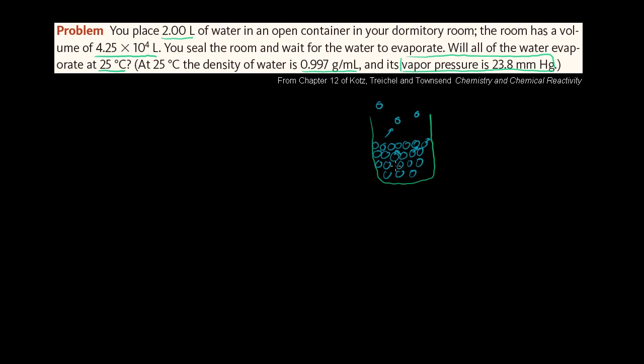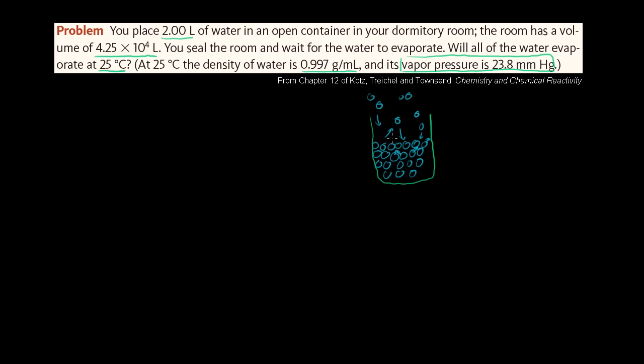But at some point, enough of these molecules have vaporized over here that they're also bumping back into the water, and maybe some of them can be captured back into the liquid state. Now, the pressure at which this happens is the vapor pressure.